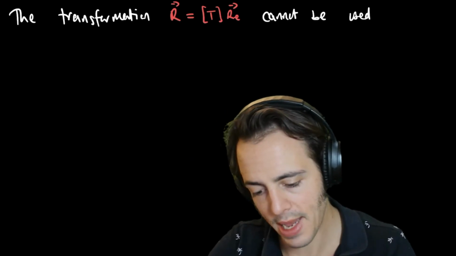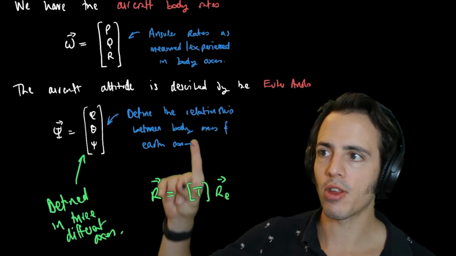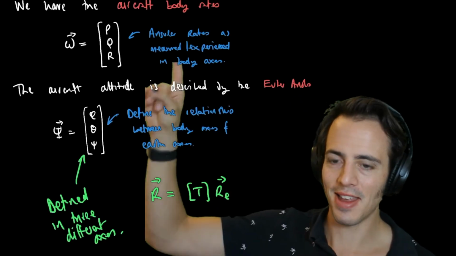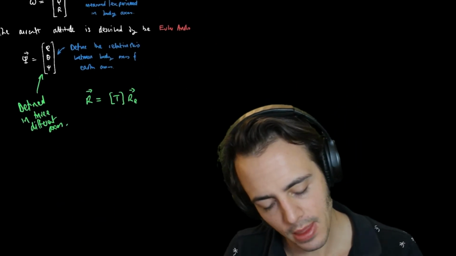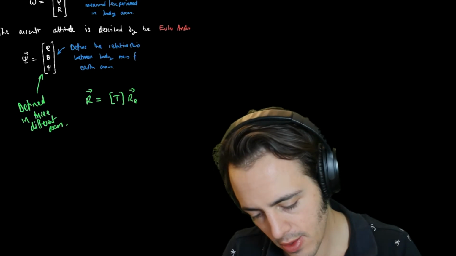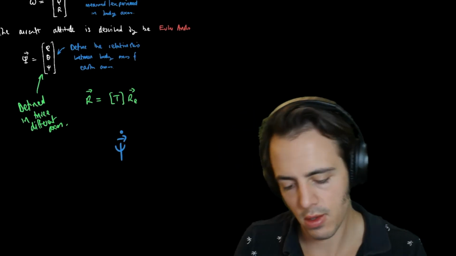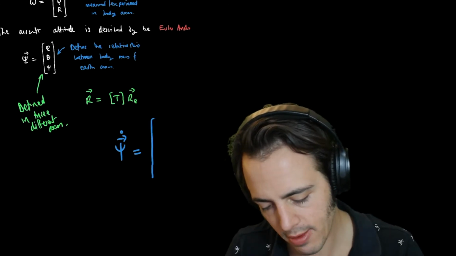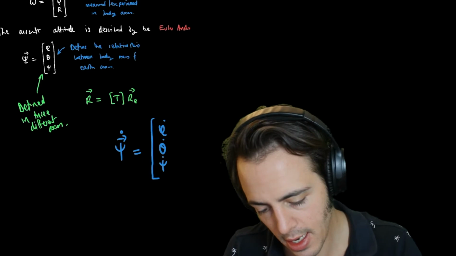Also, let's just go back a second. Even if that transformation matrix worked, I couldn't use it to go from these to these. What we'd actually want is the rate of change of this attitude vector, so that's phi dot, theta dot, and psi dot.